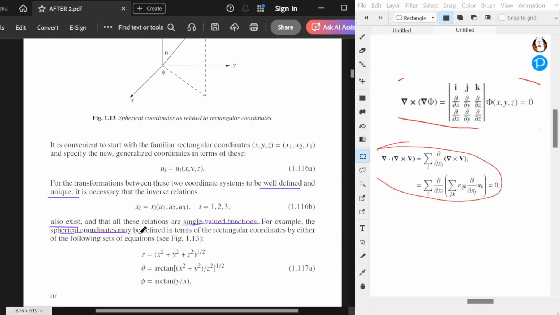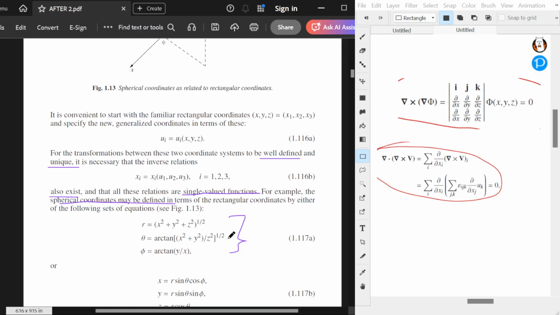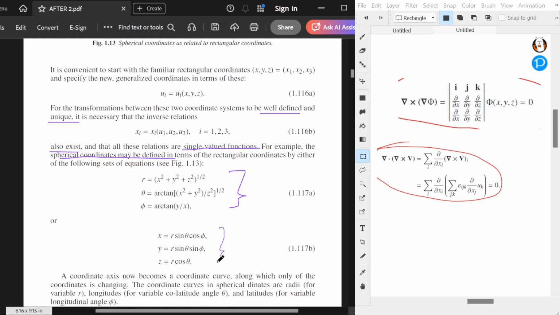For example, the spherical coordinates may be defined in terms of the rectangular from these equations, or from these, and you can switch back and forth. There's two ways.